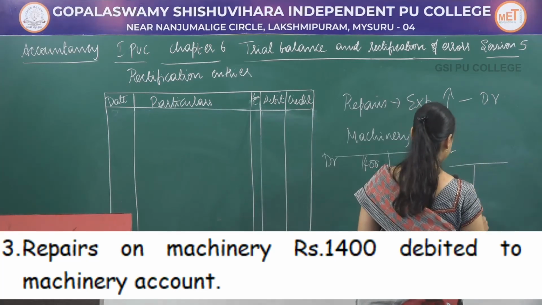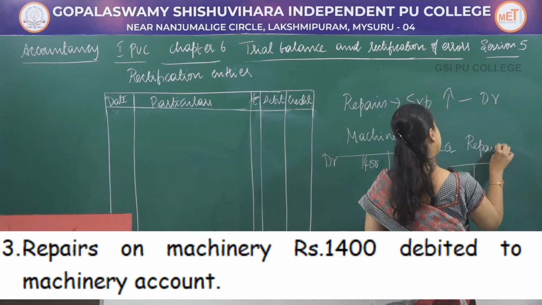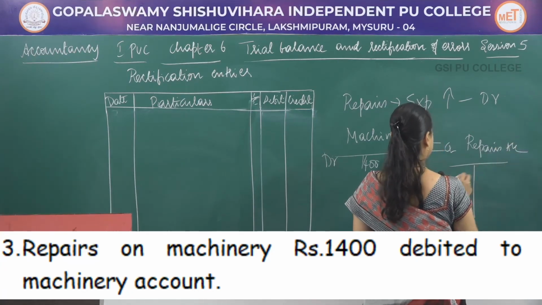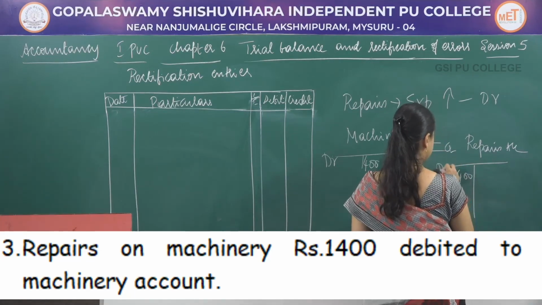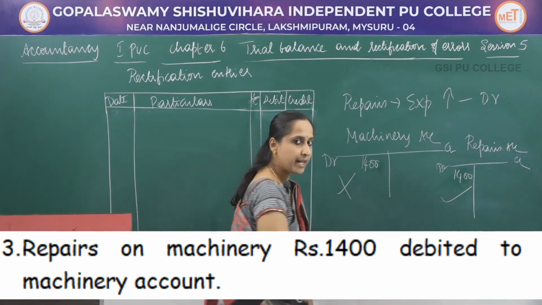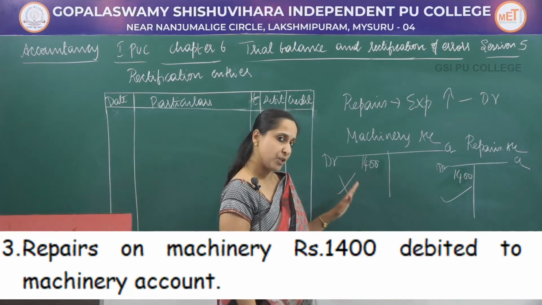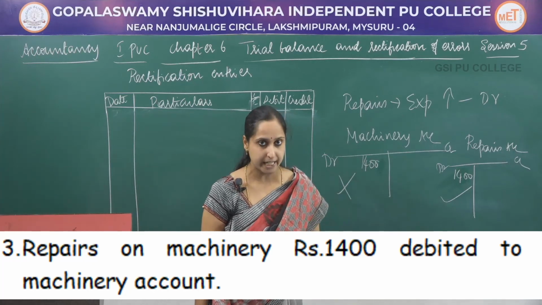But what is the correct entry? Repairs account has to be debited 1400. So this is correct and this is wrong. So how can I rectify this? By debiting repairs account and by crediting machinery account, error will be rectified.